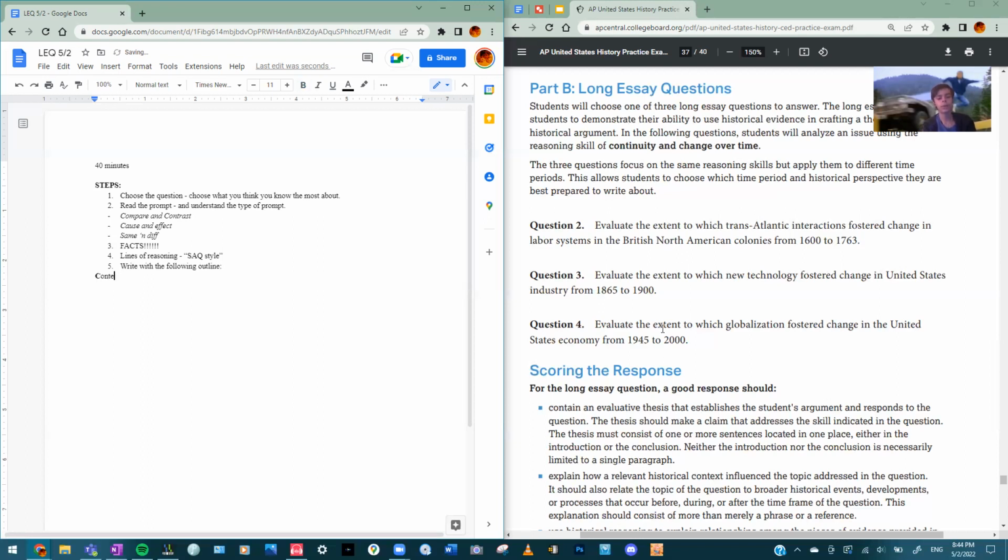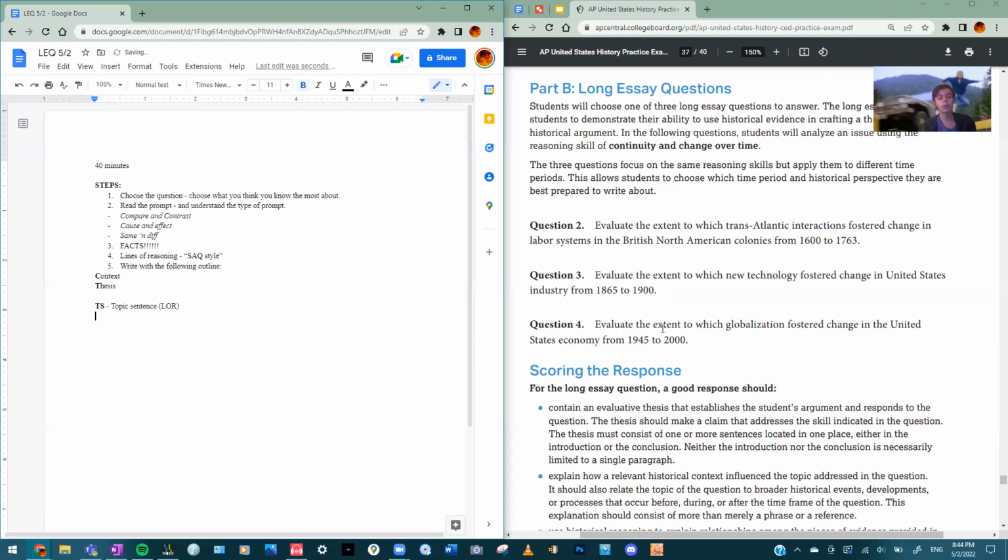The first paragraph needs to have context, and we'll talk about what that is in a minute. Then you need to have your thesis. Then in the body paragraphs, you need a topic sentence, or TS, which is a line of reasoning.